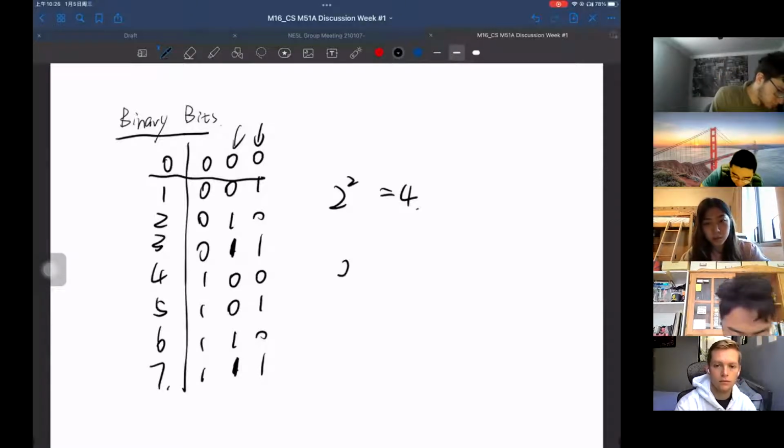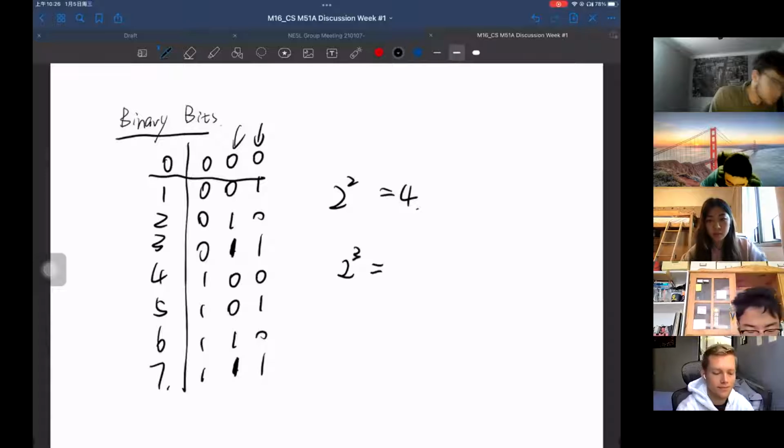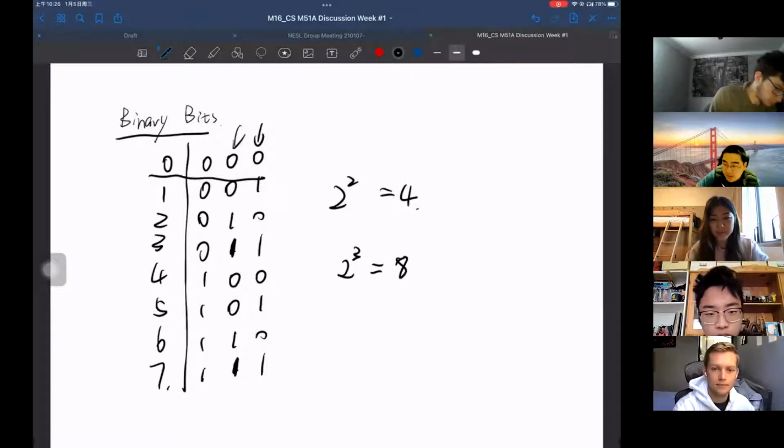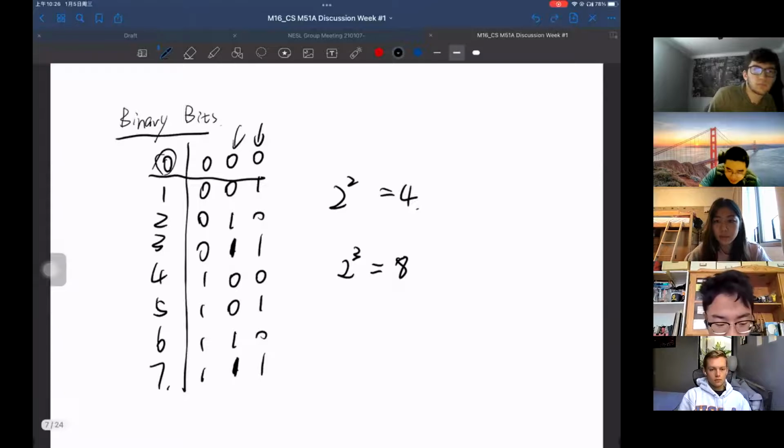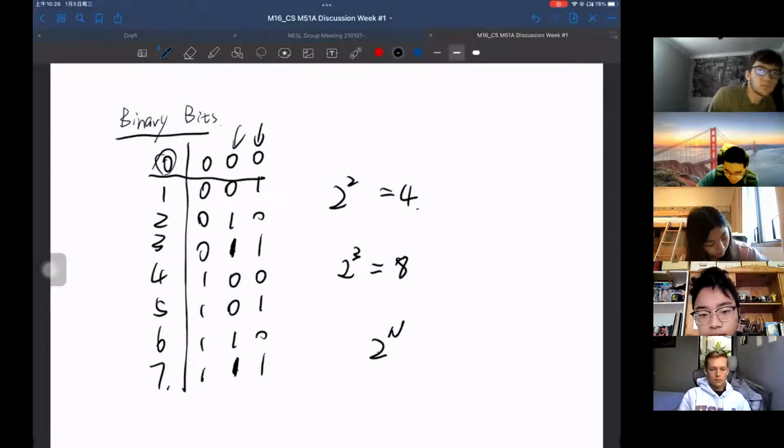So using 3 bits, we can represent the numbers from 0 to 7. That makes sense. Again, the number of decimal numbers we can represent using n bits is 2 to the n. With 6 bits, you have 64 numbers you can represent. I hope that makes sense, right?